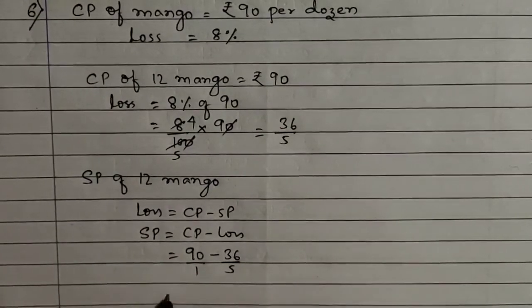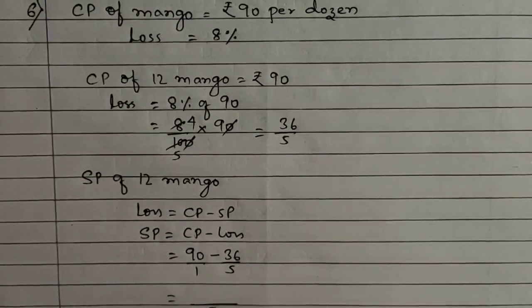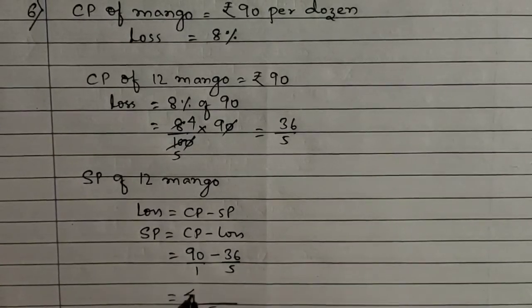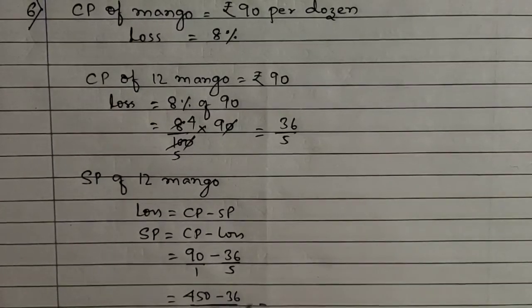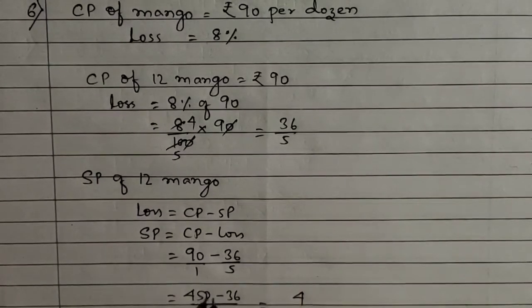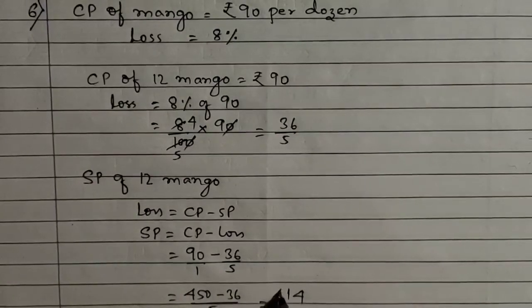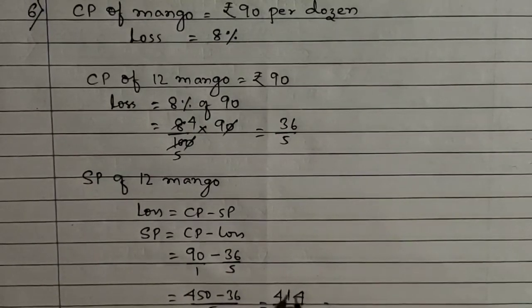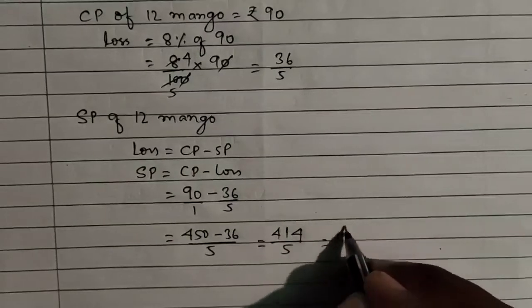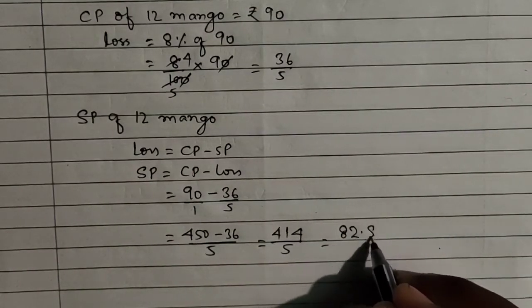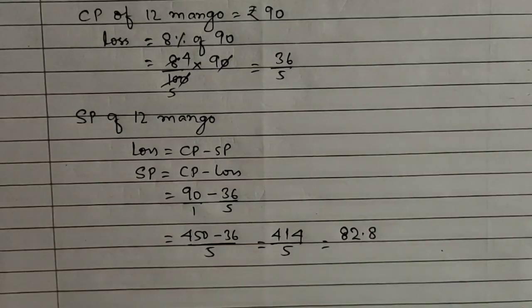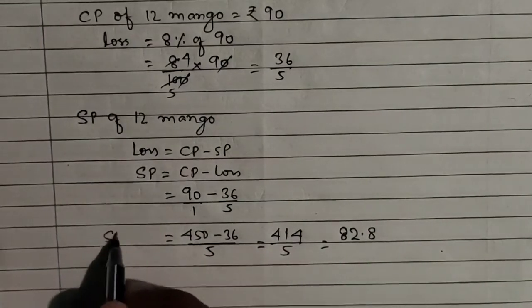We will take the LCM. 5 1s are 5, 5 9s are 45, 450 minus 36. If we calculate 10 minus 6 is 4, 4 minus 3 is 1, it's 414 by 5. We will convert it into decimal. 82.8 rupees is the selling price of 12 mango.